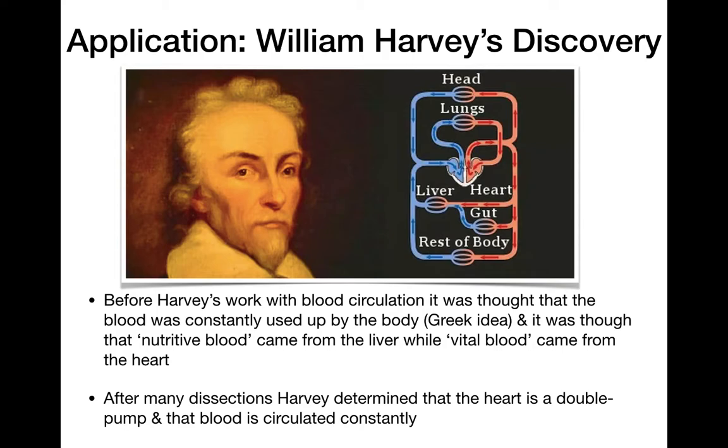Now, without a microscope, without the imaging technology we have today, without the way we have of preparing specimens that preserve the blood vessel, this was still pretty tricky for him to figure out. So his model, this diagram, is a little bit simple, where he just has liver, heart, gut. Not perfectly correct, but it's definitely a lot more correct than what we thought before: the blood getting used up by the body, the nutritive blood and the vital blood idea.